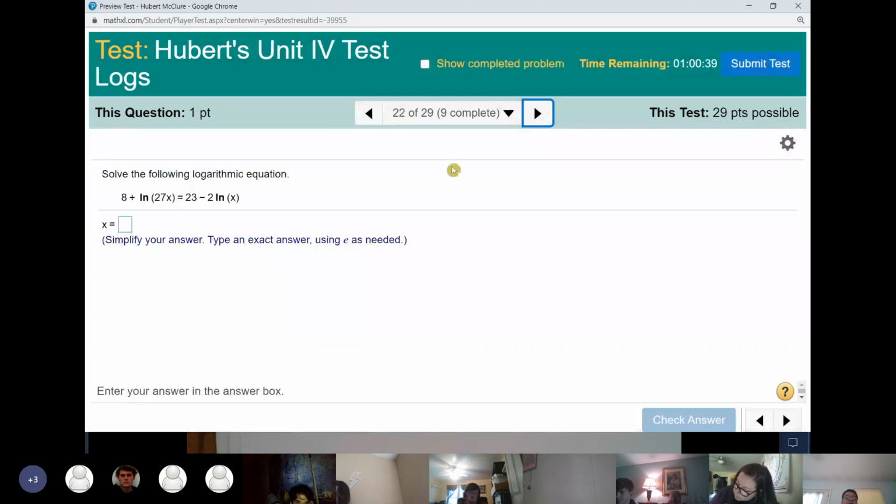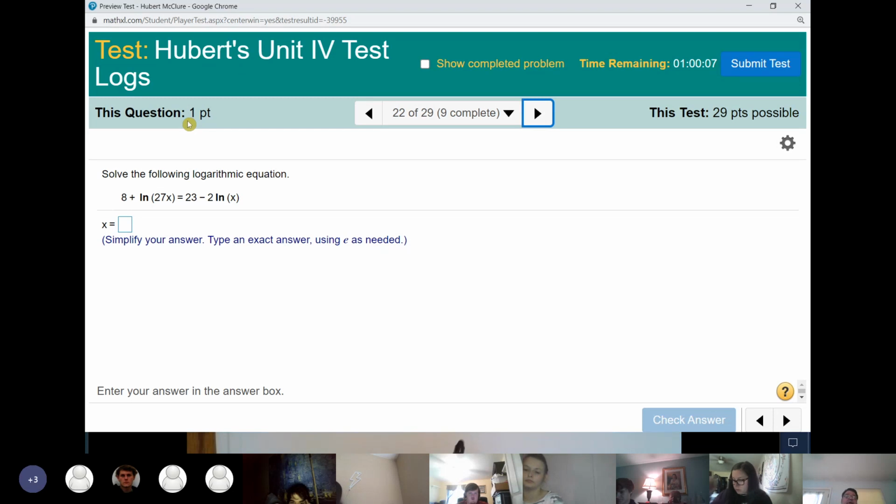I'm trying to hurry because I know some of y'all will self-combust. So here's one. Try that one because it's got a little bit more in it than we've had before. I'll put it on my whiteboard. 8 plus natural log of 27x equals 23 minus 2 natural log of x.